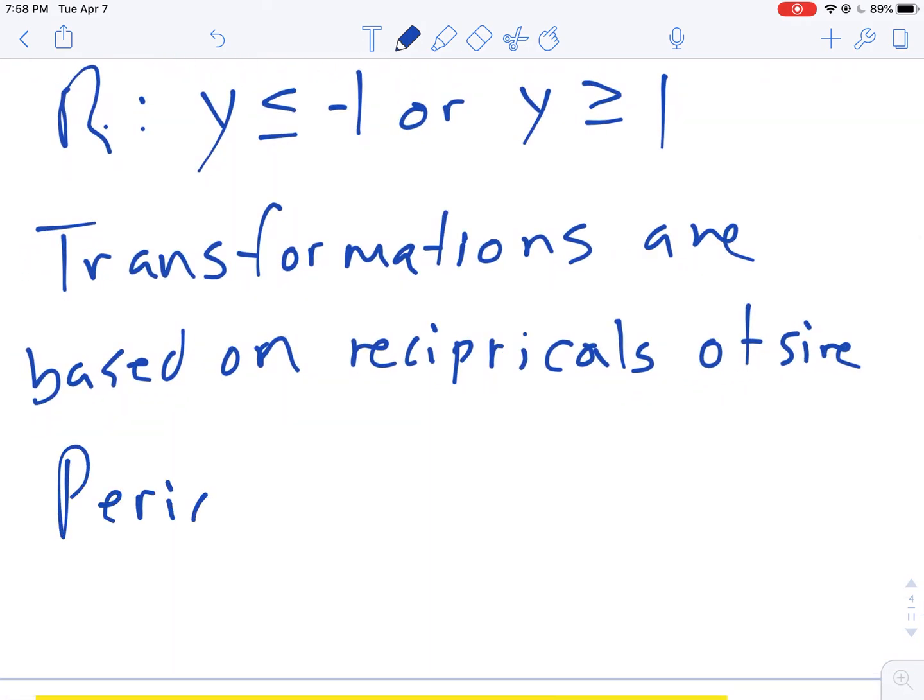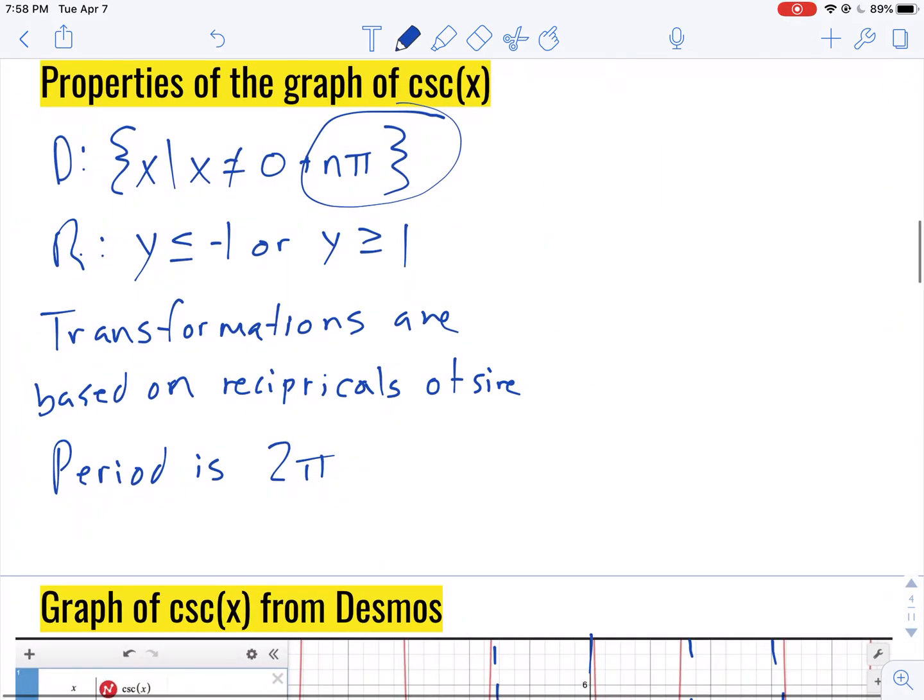Period is 2 pi. I really don't care much about my amplitude value or my omega value. I care about that when I think about the reciprocal of the sine function, but I'm not going to think about that purely within the cosecant function, so I'm not going to take the time to write that down here.